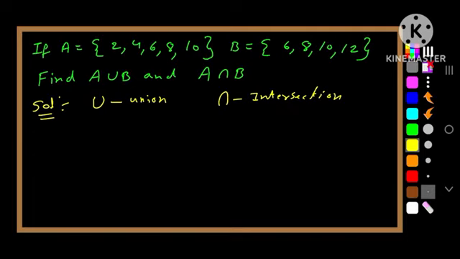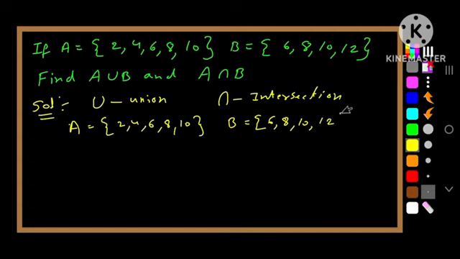For union and intersection, first of all write down A: 2, 4, 6, 8, 10, and B: 6, 8, 10, 12, and you mention A union B. Simply write down 2, 4, 6, 8, 10.